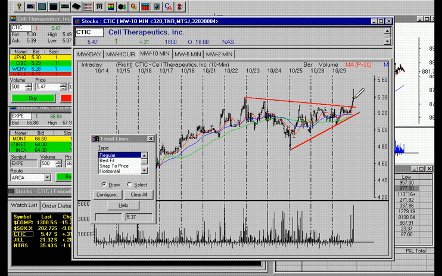What I want to do is look at this when it opens today and see if it can open somewhere within this range. And what we'll do is we'll buy some stock. We'll put an initial protective stop really right under this $5.20 level. So our risk is defined right from the beginning. And it's very important to point out what we're actually trying to do is establish a plan before the market actually opens.